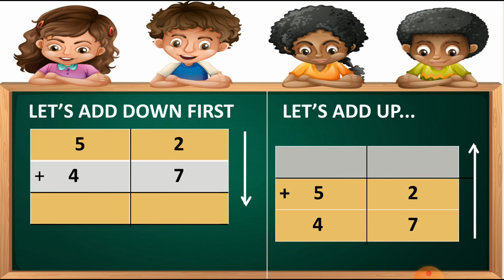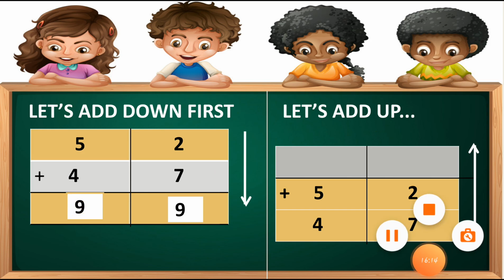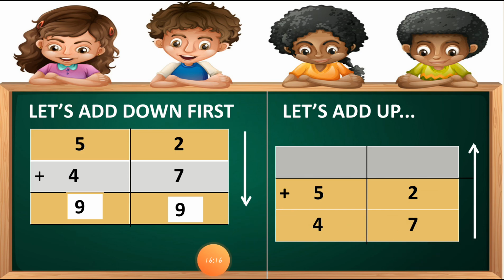The next one, I have so many examples for you, so you will understand this better, students. Here 2 plus 7 is equal to 9. 5 plus 4 is equal to 9. In this, let's see, 7 plus 2 is equal to 9 and 4 plus 5 is equal to 9.